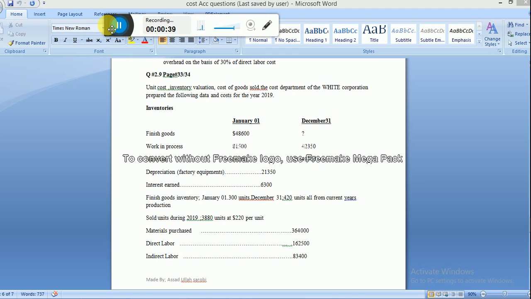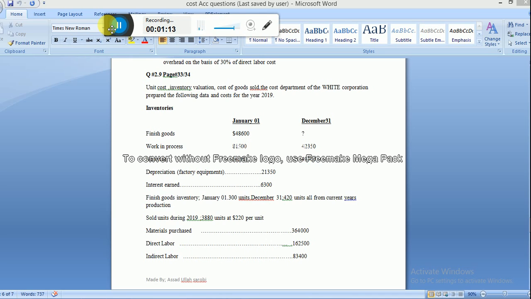So the cost department of the White Corporation prepared the following data and cost for the year 2019. Inventories on January 1st and on December 31st. This is the full year data, and the year starting date is 1st January and ending date is 31st of December.